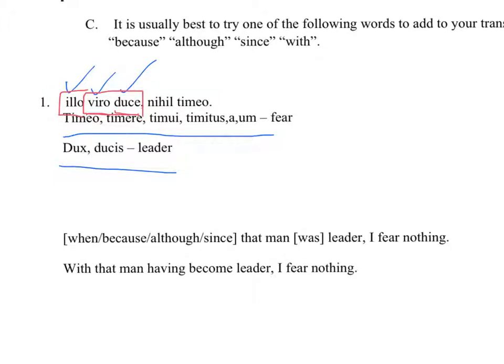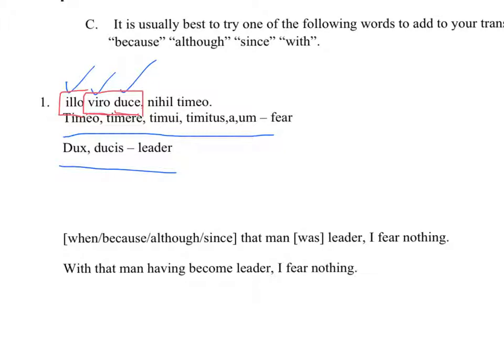That's the demonstrative pronoun. You don't have to have a demonstrative pronoun, but you'll note that each one of these words in the ablative absolute in the red box are all in the ablative case. The noun is in the ablative case, the demonstrative pronoun illo is in the ablative case, and the participle perfect passive is in the ablative case.